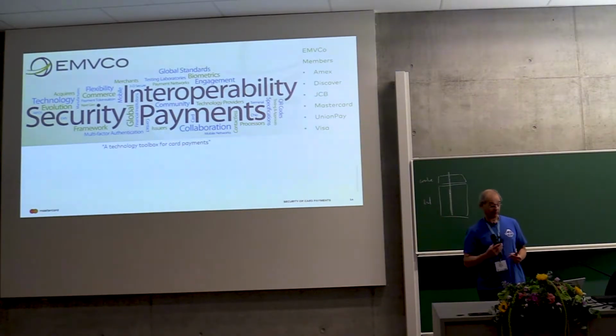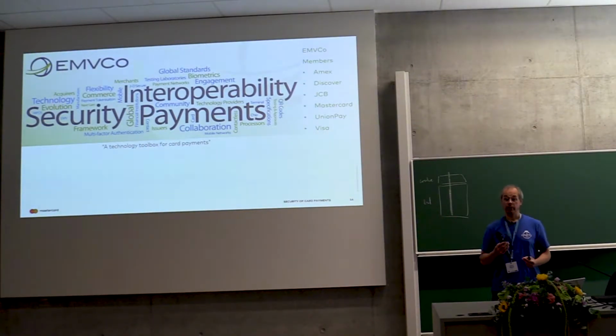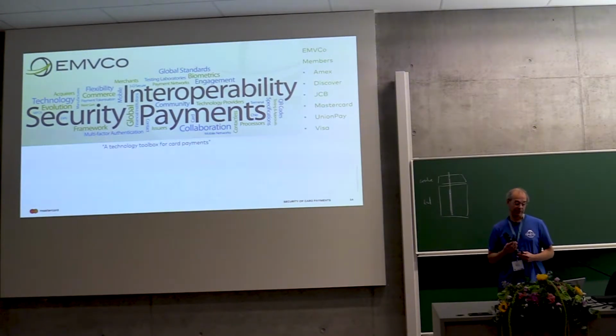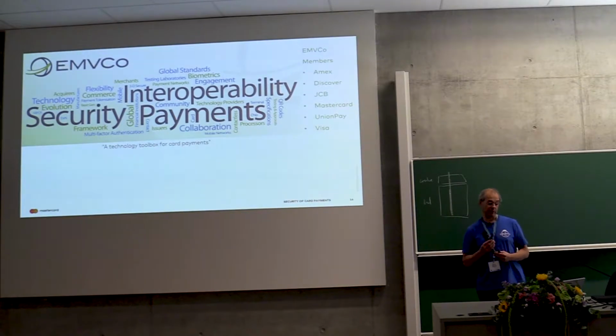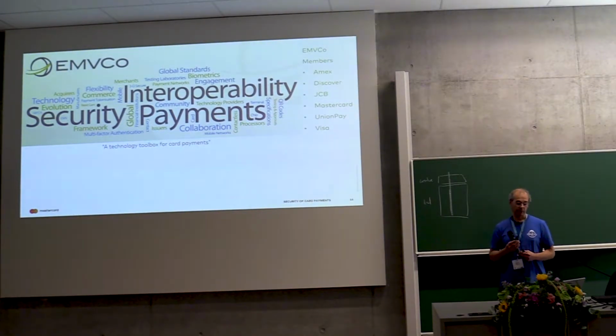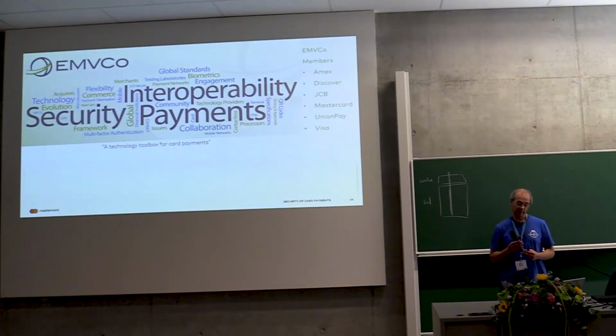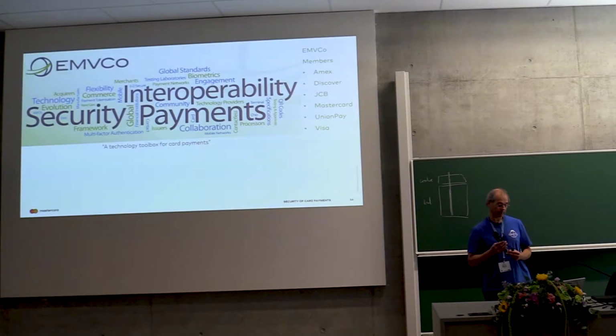And V stands for Visa. So that's what EMV stands for. And that was sort of established about 20 years ago, but now the members of EMV Co. have grown. And there's also Amex, American Express, Discover, JCB, which is the Japanese card company, and China UnionPay.